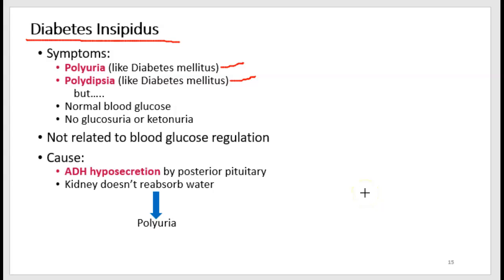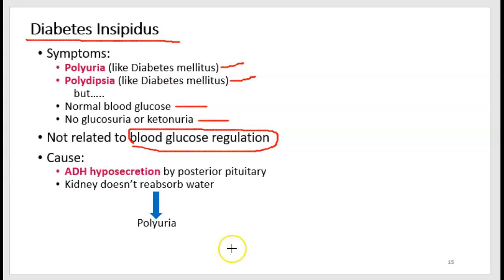So that made people check out these clinical cases and test for high blood glucose. Well, the blood glucose was normal, and there wasn't a high level of ketone bodies in the blood either. So now we know it's not related to blood glucose regulation because that's in homeostasis. But we're still getting excessive urination and, of course, excessive thirst.